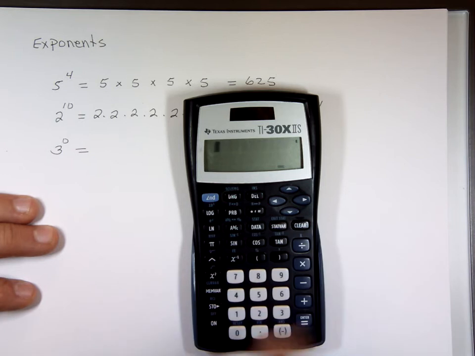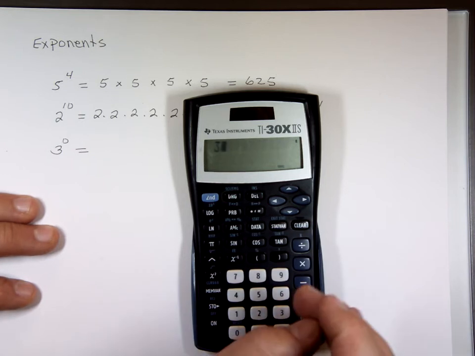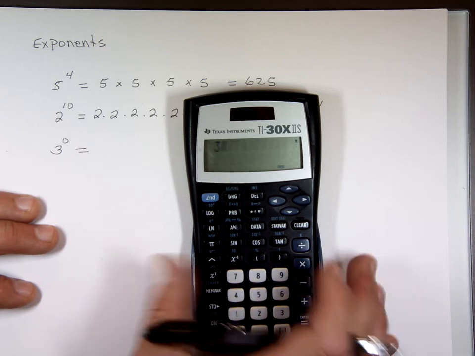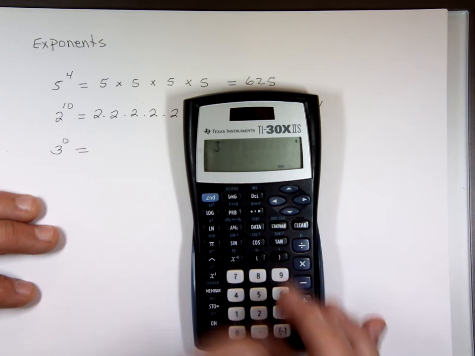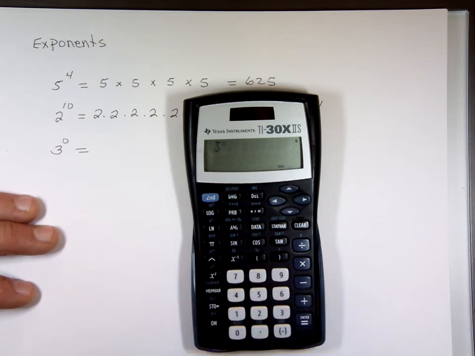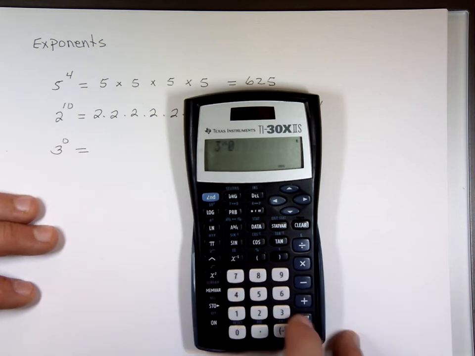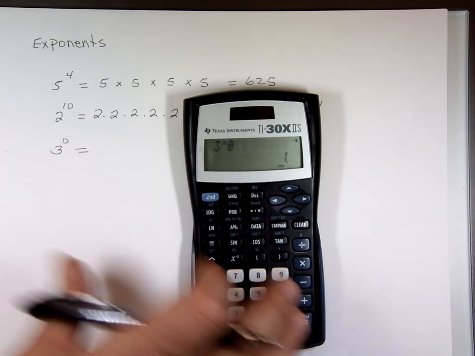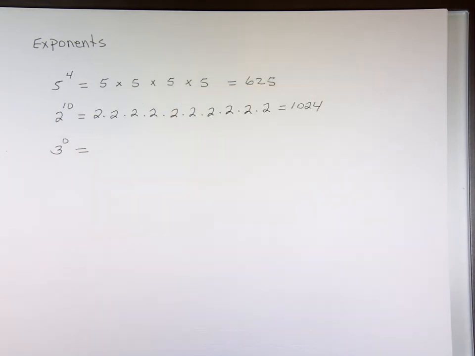Clear everything. 3 to the power. Where's the power button here? Up 1 over the 7. Oh yes, thank you. To the 0. Notice it's 1. 3 to the 0 is 1.